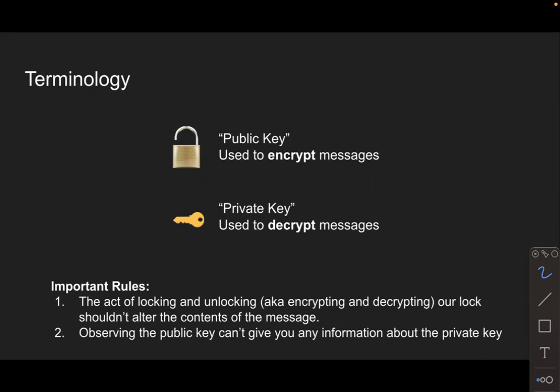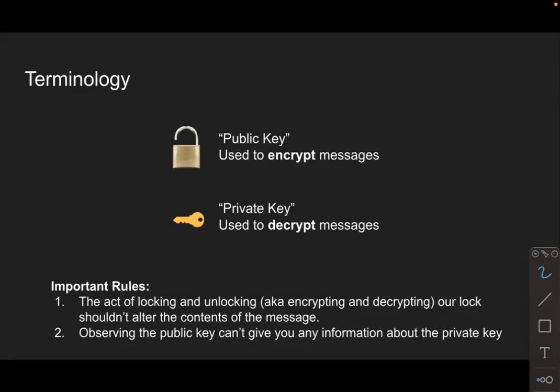It demonstrates the importance of, just because someone's able to encrypt something doesn't mean they should be able to decrypt something. So those are the important rules. The act of locking and unlocking, aka encrypting and decrypting our lock, shouldn't alter the contents of our message, right? So when I'm messing with my padlock, I shouldn't be destroying anything in the briefcase.